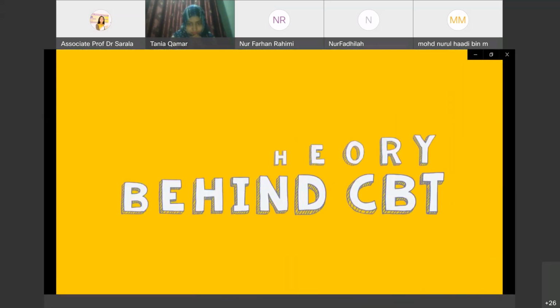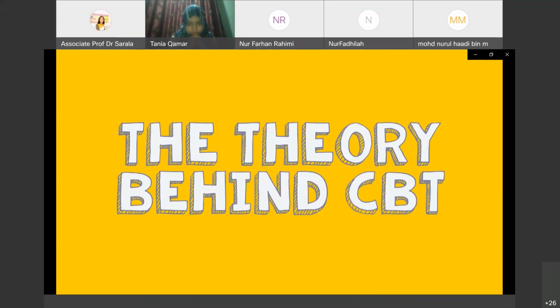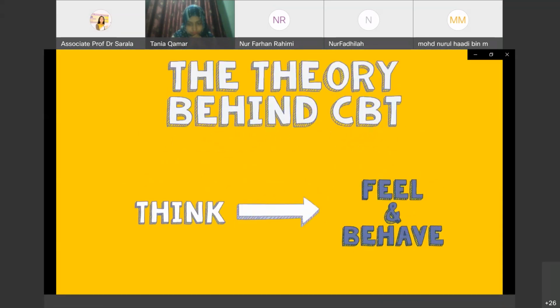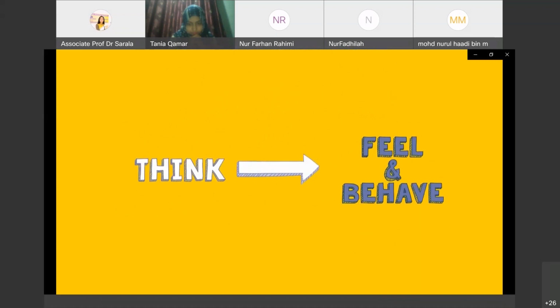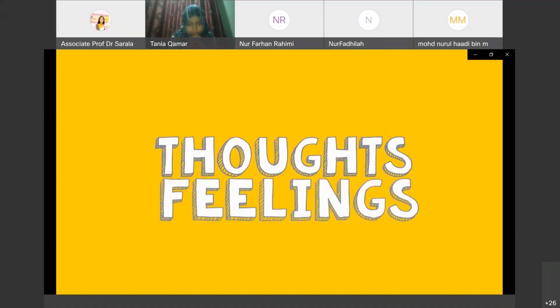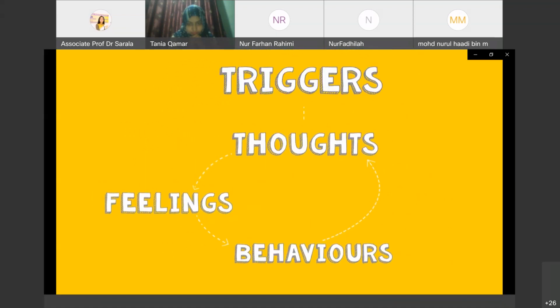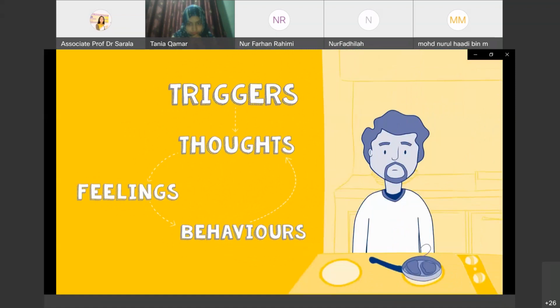The theory behind CBT is that the way we think about situations can affect the way we feel and behave. It does this by dealing with how your thoughts affect your feelings and behaviors, and teaches you coping skills for dealing with different problems. For example, you might make a simple mistake, like, say, burning the dinner.